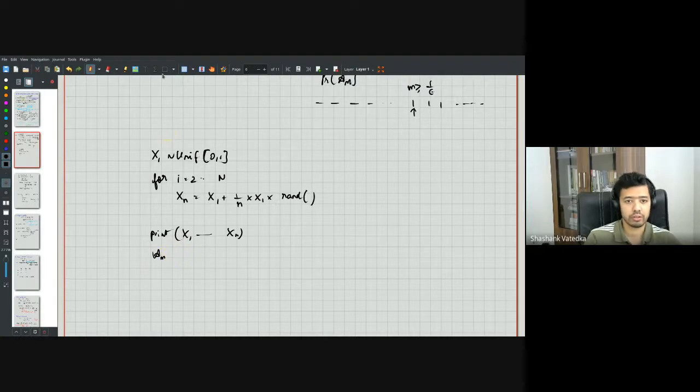Or one way to look at it is to also print x1 minus x1, x2 minus x1, x3 minus x1, and so on. Print these two things and see what will happen. This can be any sequence, but for large enough n, this will all be close to 0.